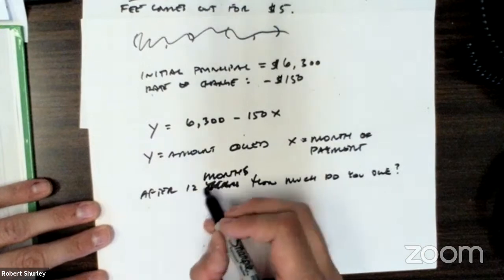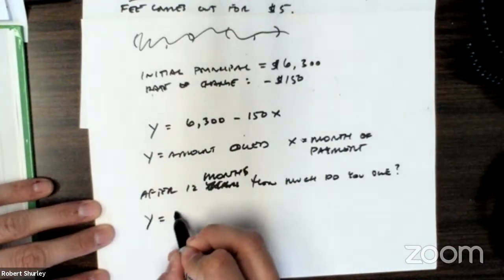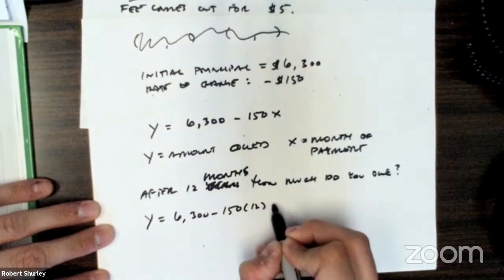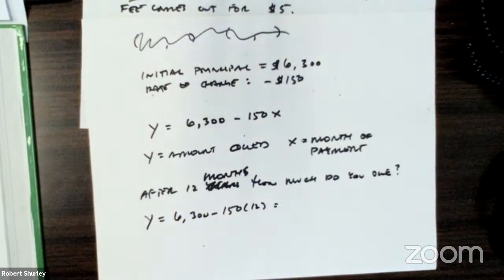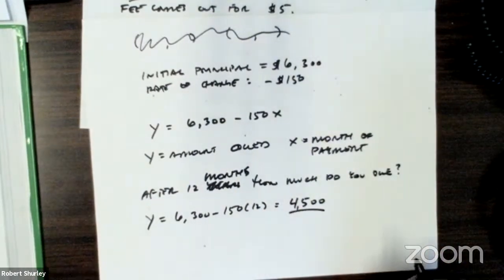So you've made 12 payments, right? So the equation would be 6,300 minus 150 times 12. You would owe $4,500 on your principal still, right?